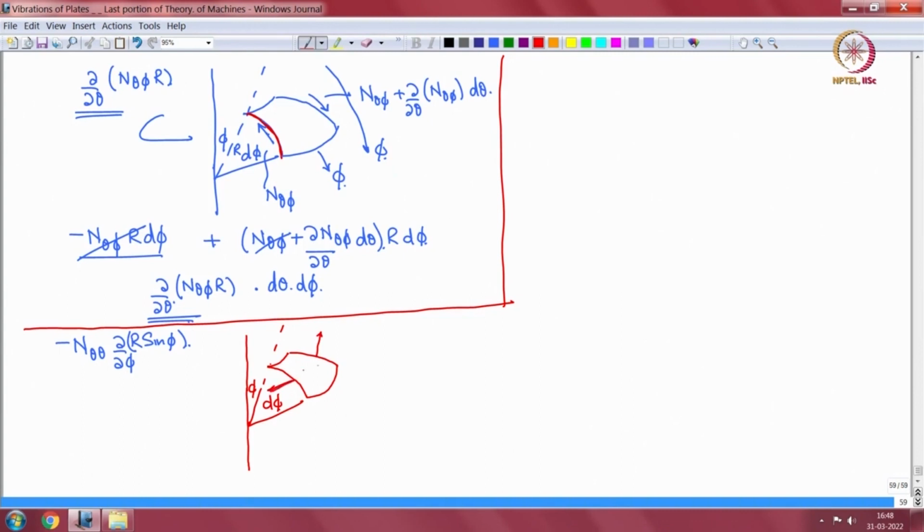On the theta faces, it's a normal force resultant. If we look at it from the top, it looks like this.